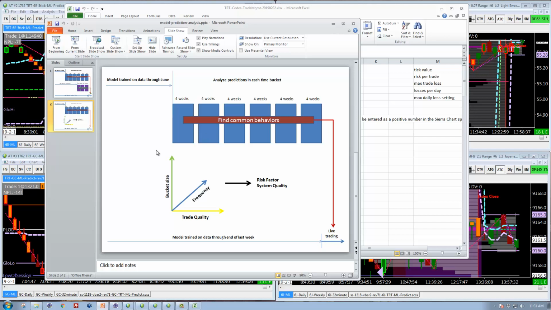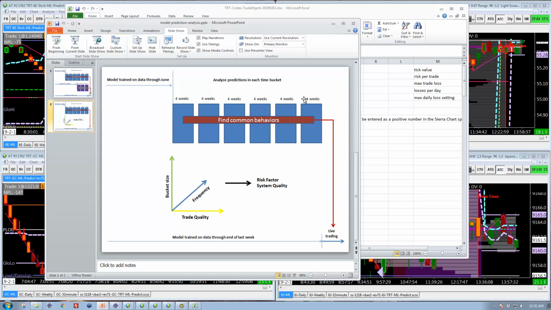The reason we do that is I may show a really high quality behavior or trade setup in the first two buckets, but then it sucks the rest of the time. And so it might float to the top of the list as the trade you're really interested in, but when you run it across a longer, more statistically valid period of time, you discover that it only worked well some of the time.